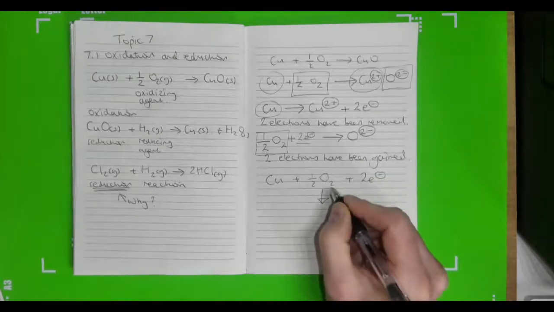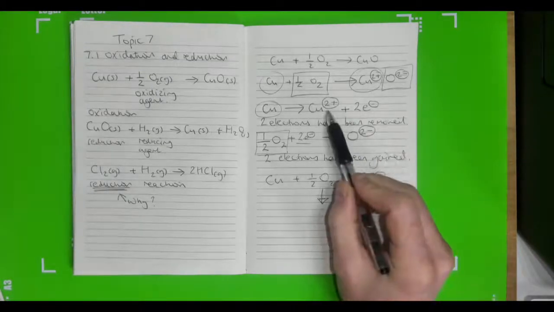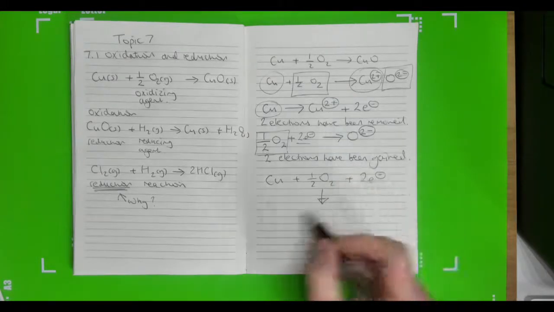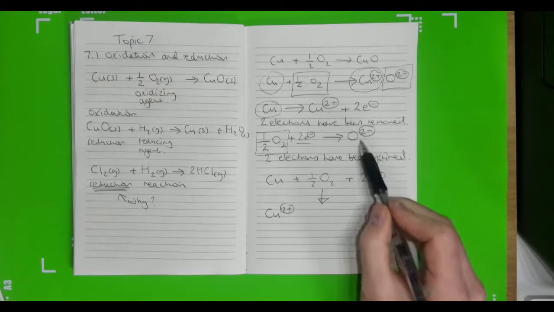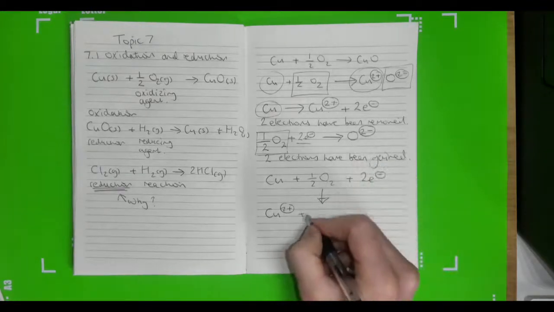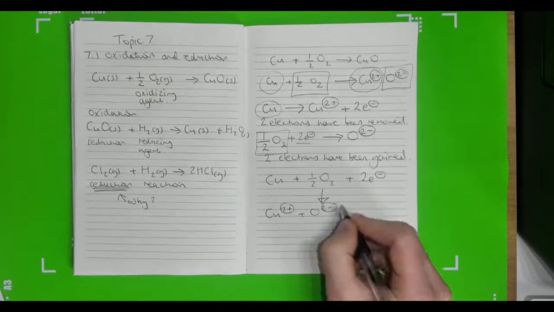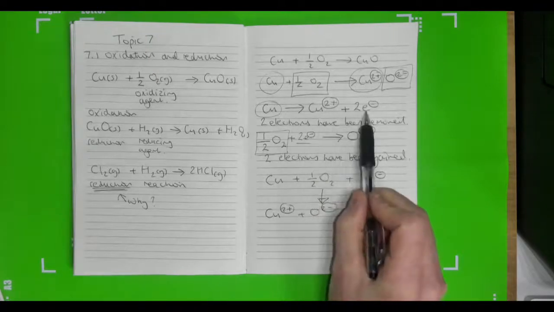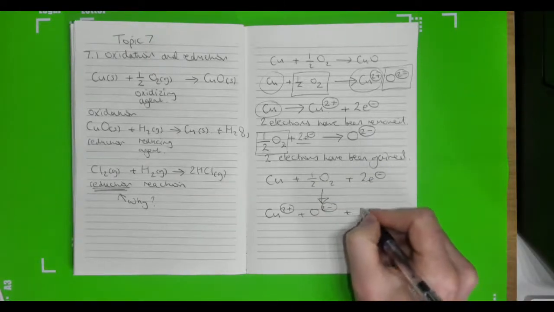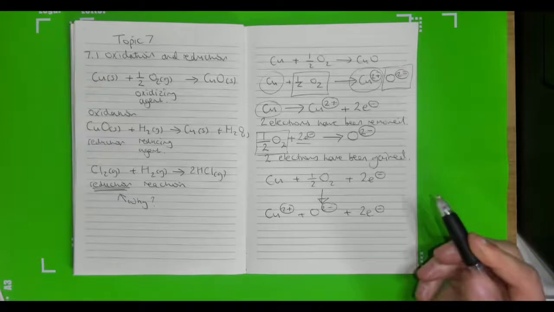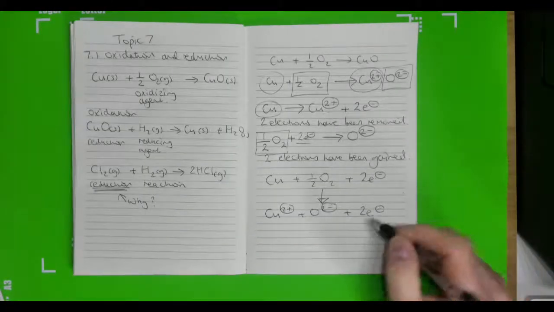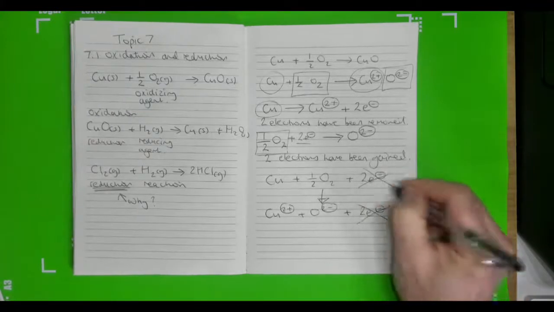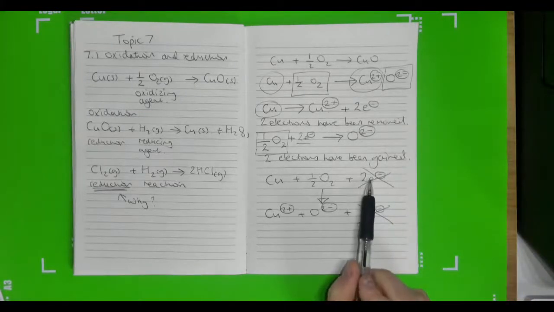That makes Cu2+, O2 minus and 2 electrons again. Notice that there's 2 electrons here and 2 electrons here, so they can cancel. All I've done really is transferred the electrons.